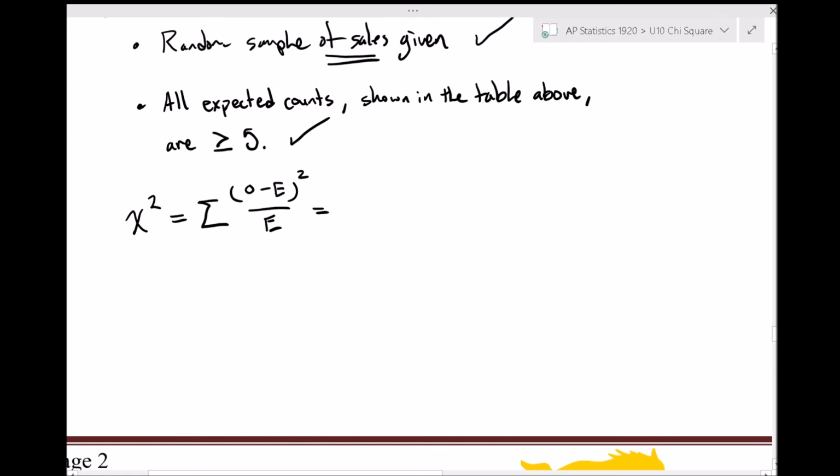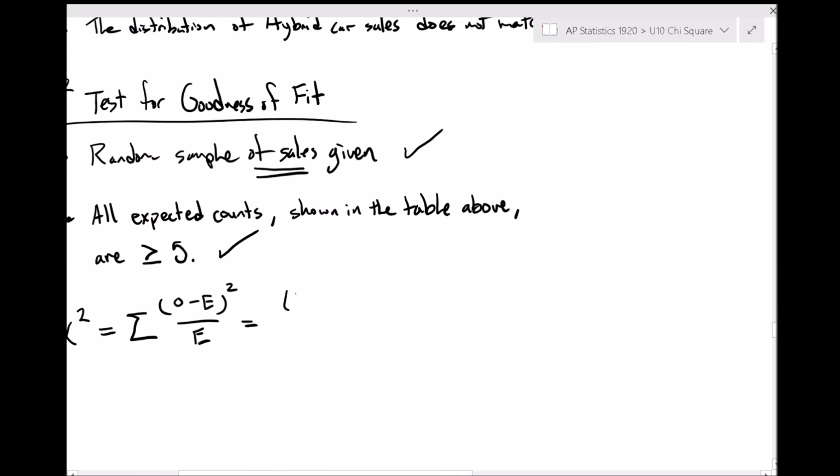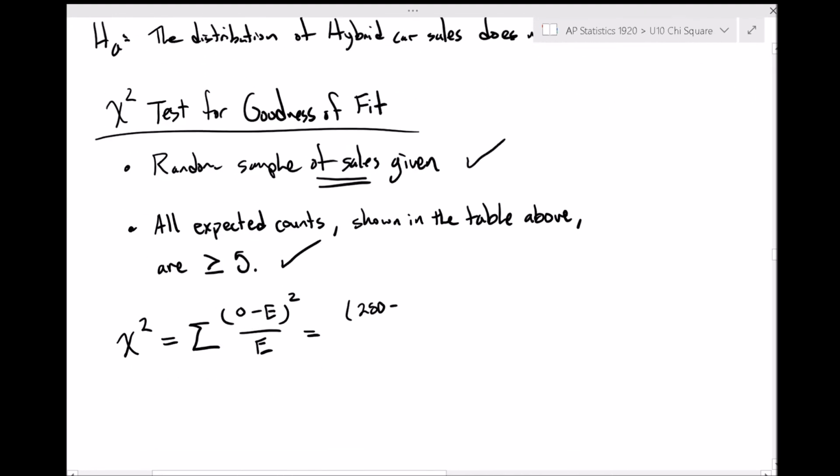And really, I don't want to write all 5 of them. So we could be this lazy on an AP exam, assuming that this is going to be one of the problems that's on your AP exam. If something like this showed up, this is the bare minimum. You write the first observed count, 250, minus the first expected count being compared to that one, 200.767.